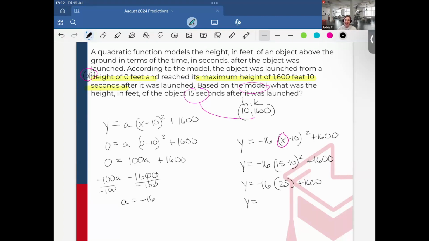Negative 16 times 25 is negative 400, plus 1600, and that gives me the correct answer of 1200. So after 15 seconds, the height will be 1200 feet.